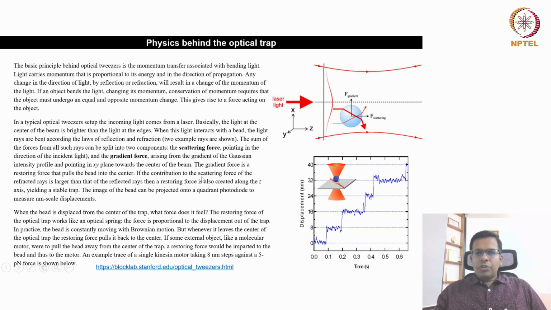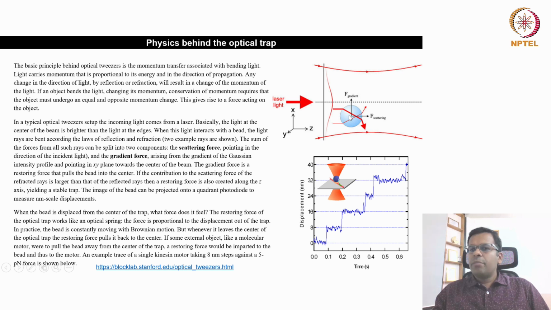If the contribution to the scattering force of the refracted rays is larger than that of the reflected rays, then a restoring force is also created along the z-axis, yielding a stable trap, and the image of the bead can be projected onto a quadrant photodiode to measure the nanometer-scale displacement. So during this process, there is another laser and other optics.